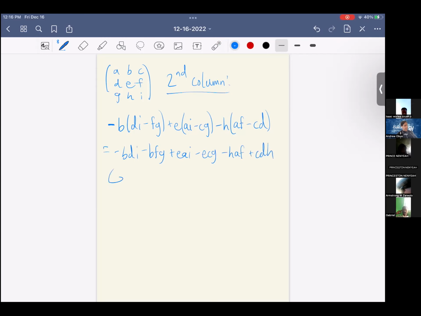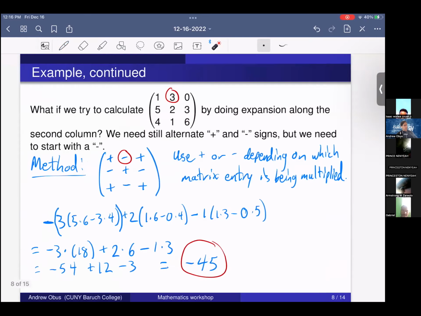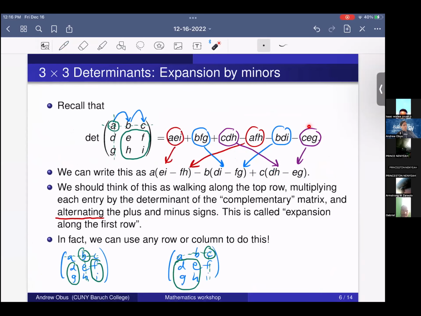And it turns out this is the same formula. So you can check that this is going to be the same formula. Okay, so if we do this with the minus plus minus method, then we get the same formula. This formula right out here, you can check, is going to be the same as this formula right here.